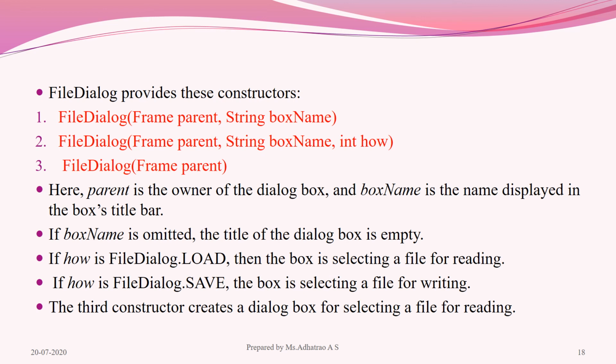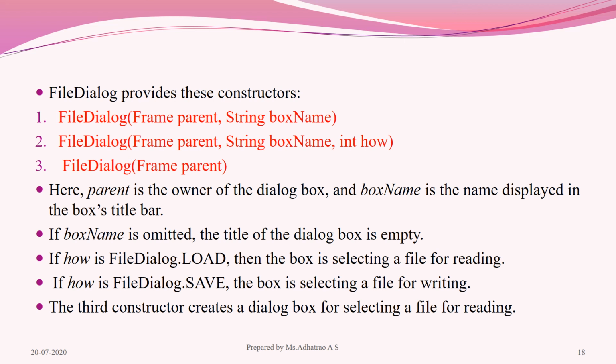Here the parent is the owner of the dialog box and the box name is the name displayed in the box title bar. If a box name is omitted, the title of the dialog box is empty.